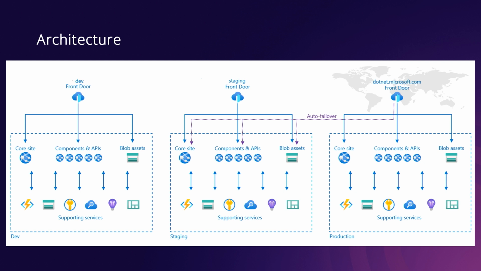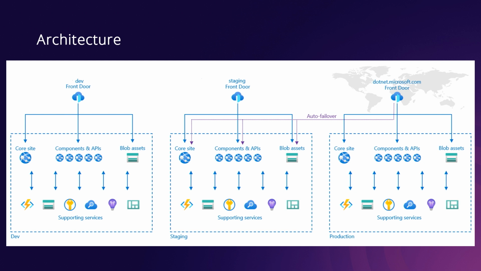So let's jump into the architecture a little bit. As we said, we have all of those components on Azure running .NET code. We're running on Azure Front Door as our CDN. We have three environments: the dev environment, staging, and production.